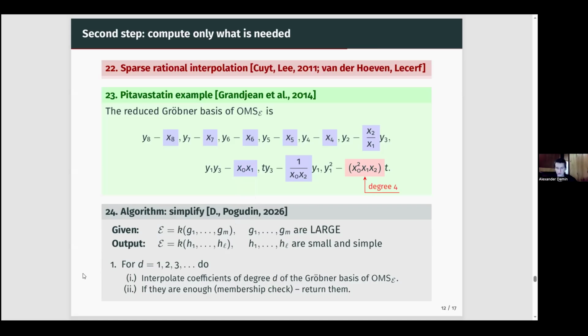Now note that this new algorithm does not need at any point to compute over rational function fields. It always specializes and always uses randomized algorithms. So it always specializes and computes specialized Gröbner bases. It's the same with membership check. And for this, we have bounds.